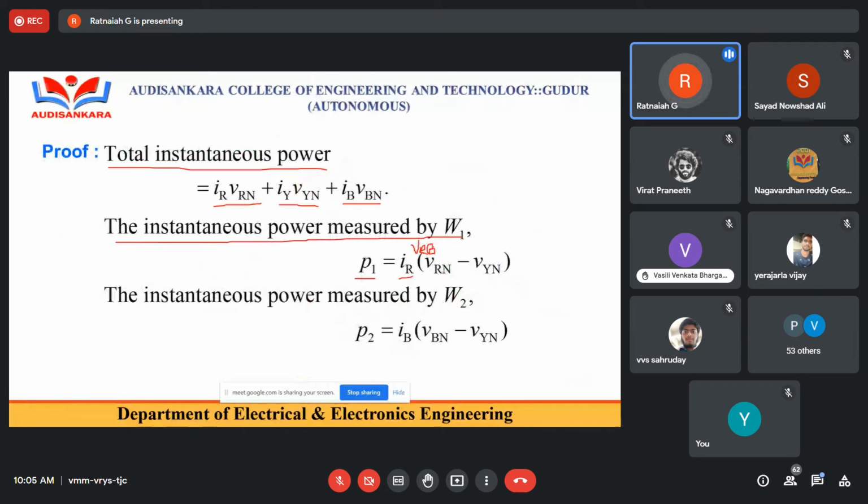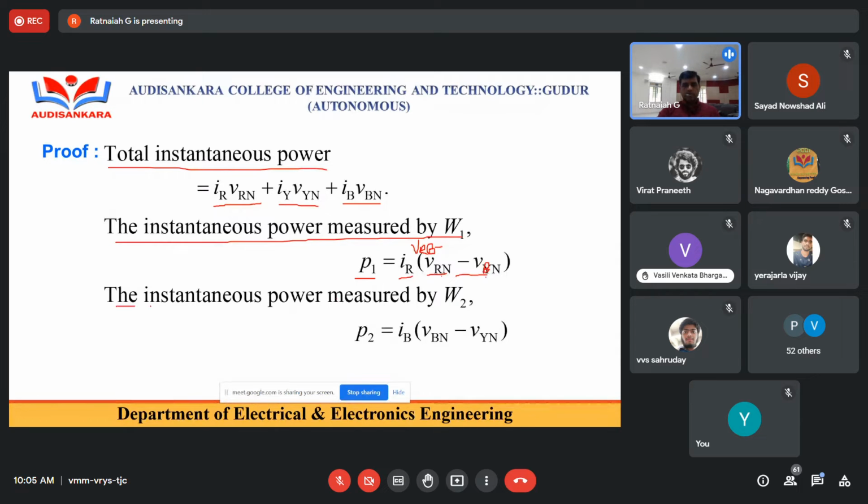Therefore, I can write VRB as VRN minus VBN, the difference of two phases, according to the phasor diagram. VRB is a line voltage, and VRN and VBN are phase voltages.